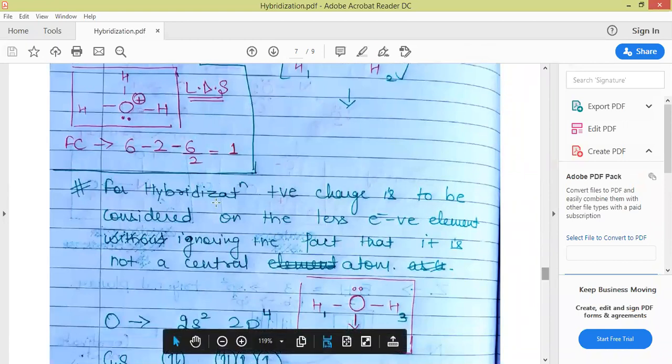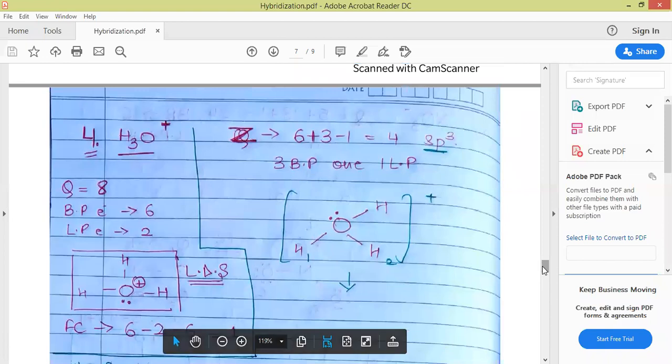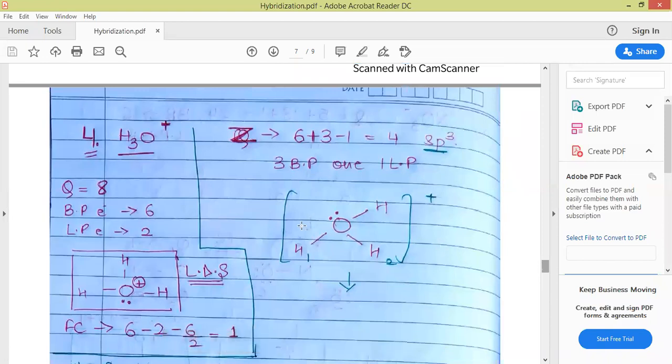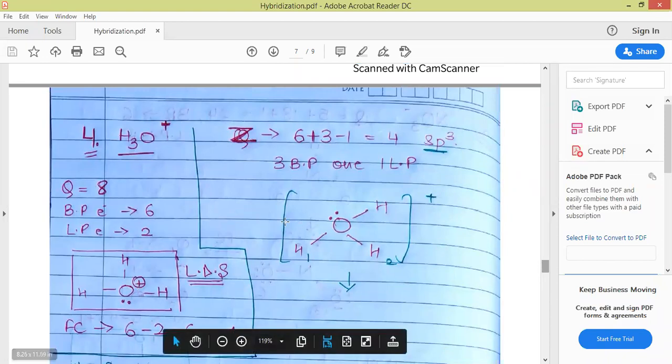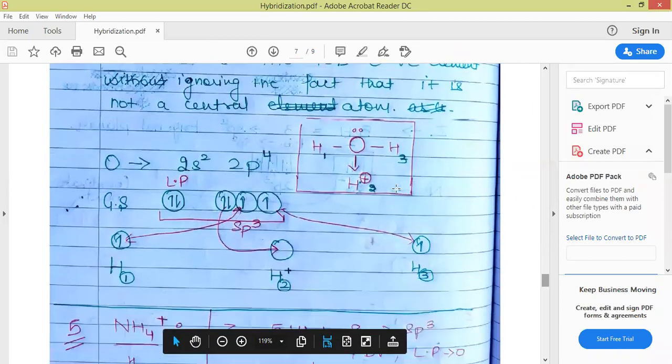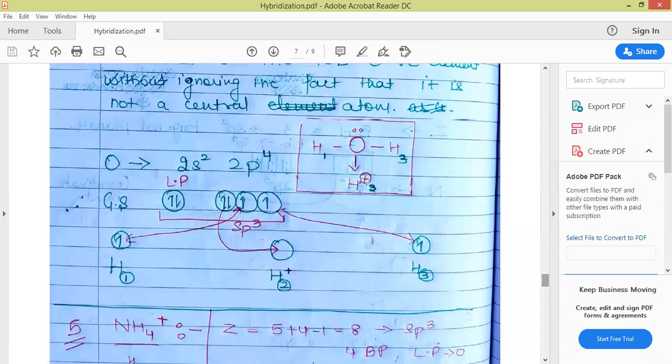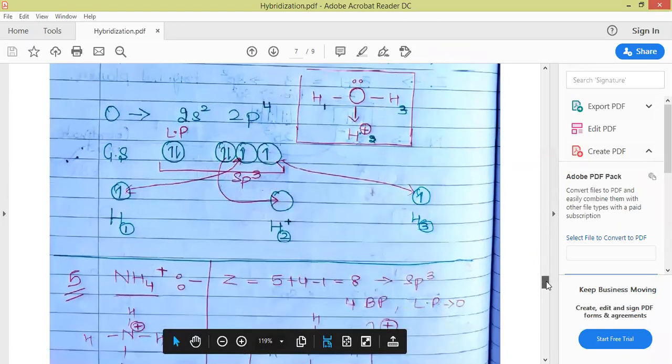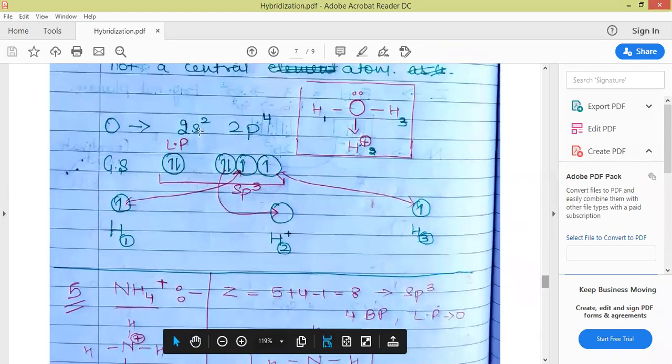For hybridization, positive charge is to be considered on the less electronegative atom. This we have already discussed. So based upon this, one of the hydrogens will be present as H positive, and oxygen will form a coordinate bond with it. This is how it happens.